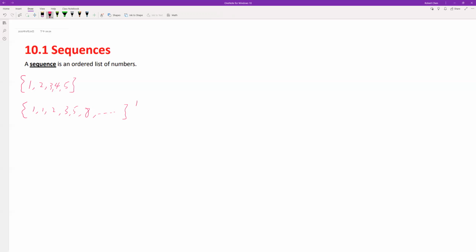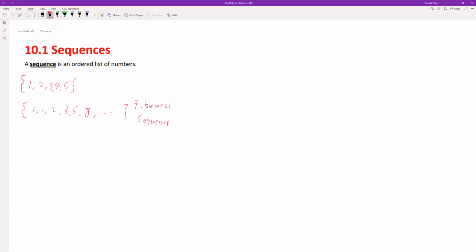It's called the Fibonacci sequence. Well, of course, we are not going to talk about the Fibonacci sequence now. I'll give you guys a little more details and how to find it later.